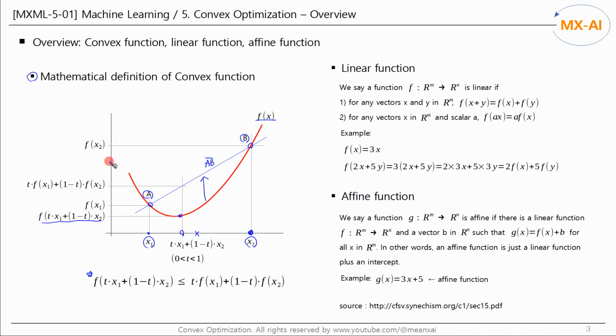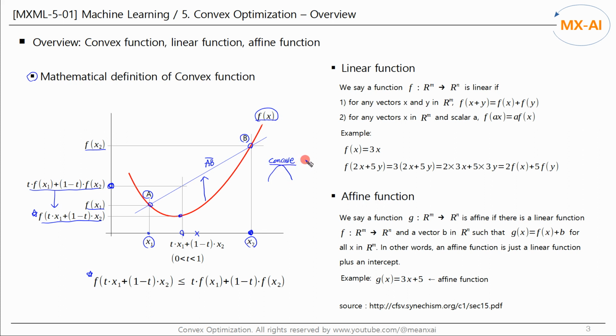And the t-weighted average of f of x1 and f of x2 is this point. If this value is less than or equal to this value, the function f of x is convex. Conversely, a function that is convex upward is called concave.